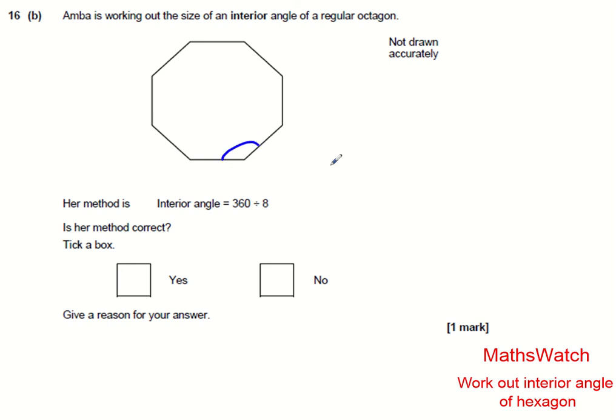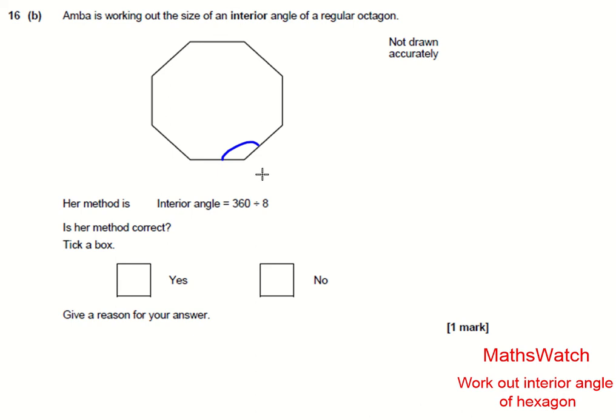These are normally found by splitting a shape into triangles that are each worth 180 and then working out an individual angle. From her method, she's done 360 divided by 8. Now, the 360 is not the interior angle sum. That only works for quadrilaterals.